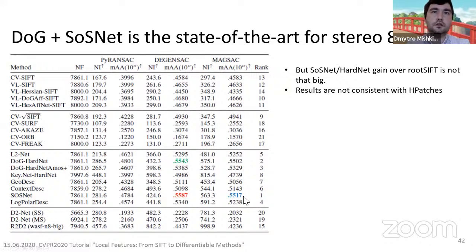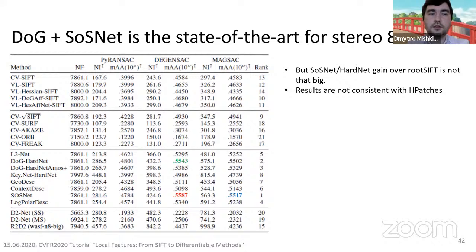and it is very closely followed by HardNet. What's interesting is that it's not always the case that more data gives better results. This AMOS plus HardNet is trained on three datasets: the Brown dataset, the HPatches dataset, and the AMOS dataset.